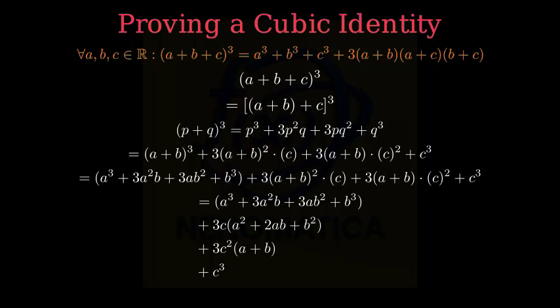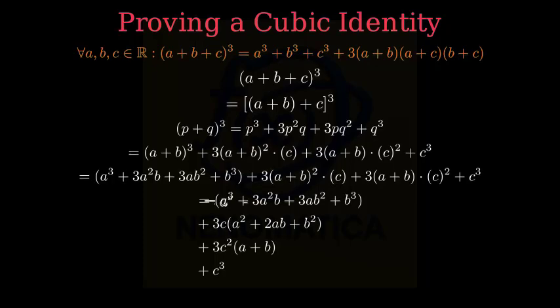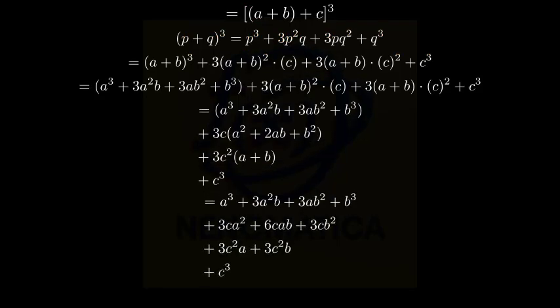Next, let's distribute and multiply out all terms. Expanding the second line, we get 3ca² + 6cab + 3cb². Expanding the third line, we get 3c²a + 3c²b. Now we have a³ + 3a²b + 3ab² + b³ + 3ca² + 6cab + 3cb² + 3c²a + 3c²b + c³.